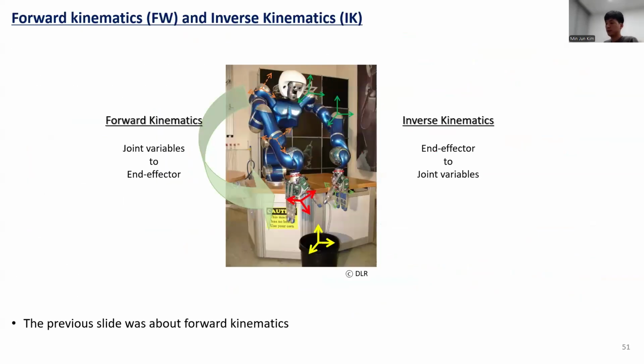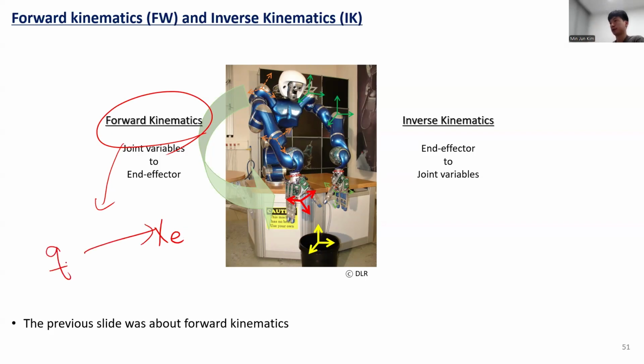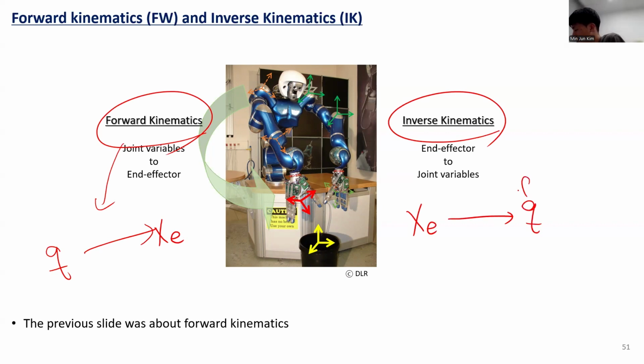One last topic is forward kinematics and inverse kinematics. So forward kinematics means we want to obtain end effector position or velocity from joint positions. Inverse kinematics is just the inverse. Given end effector position, we want to find corresponding joint values.